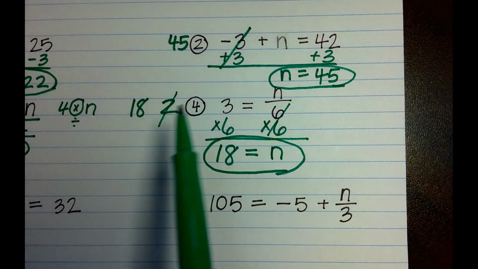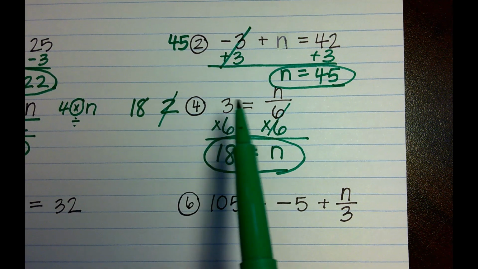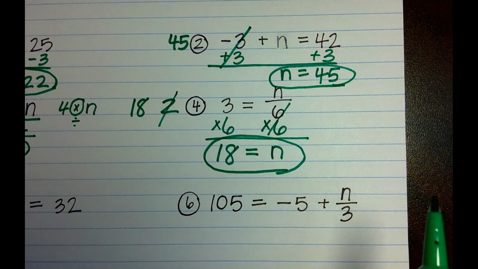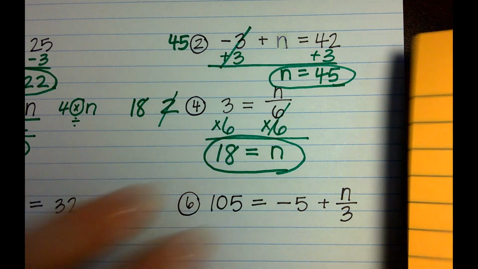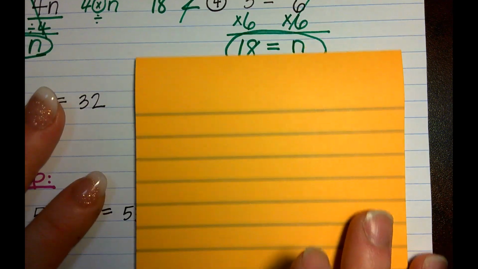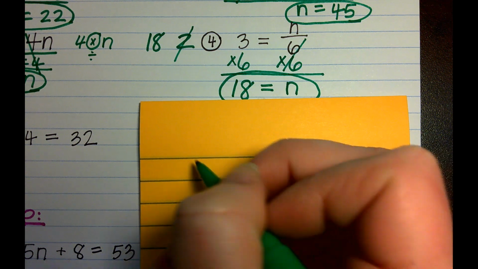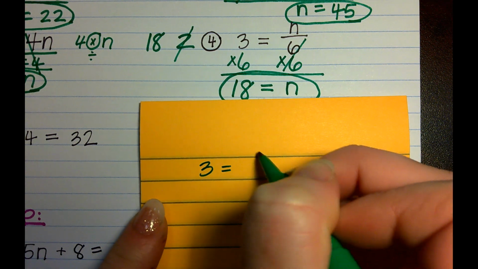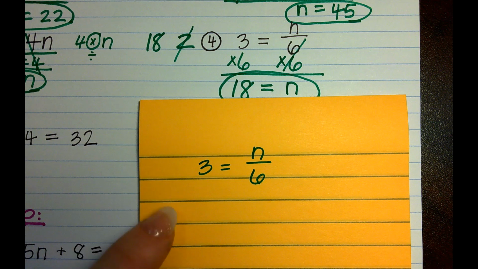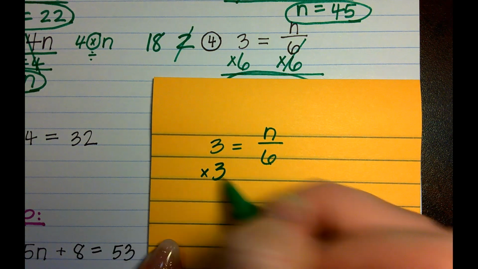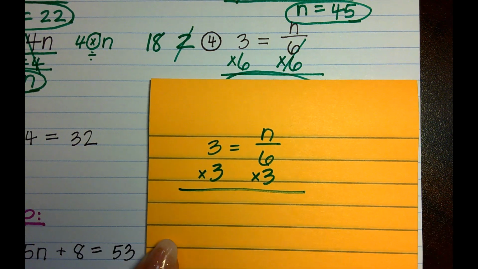Okay, so did you write times 3? I have a feeling your work wasn't being kept organized. Maybe you did 3 equals n over 6, so you did times 3. Yep. And that came up with 18.